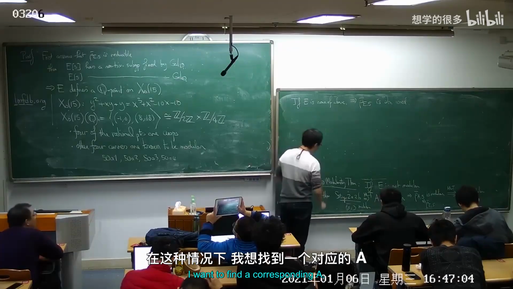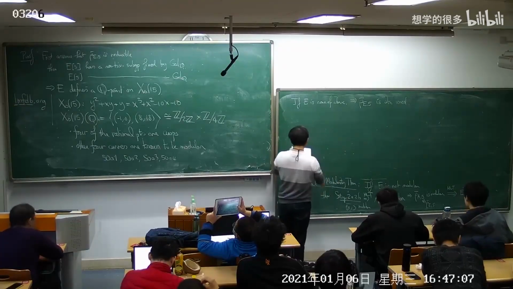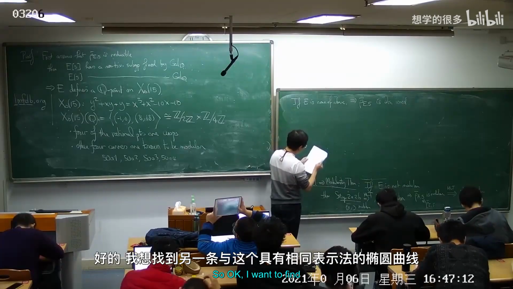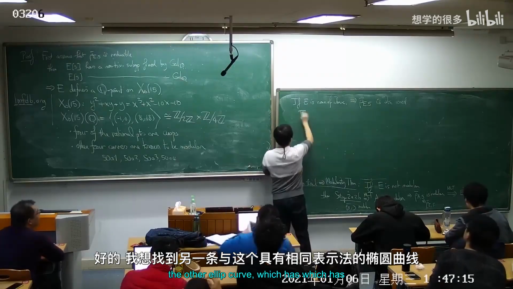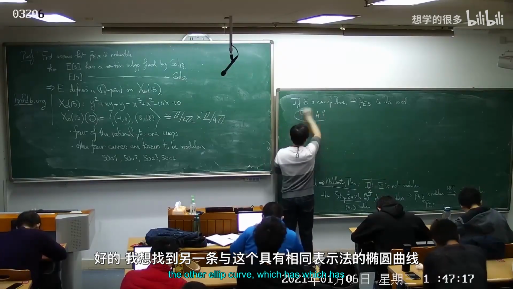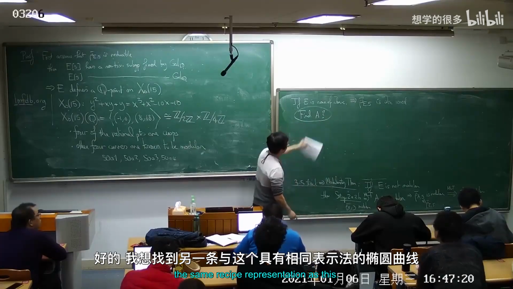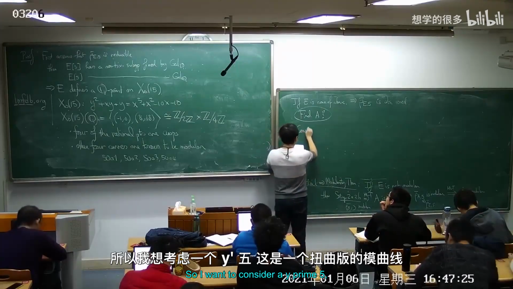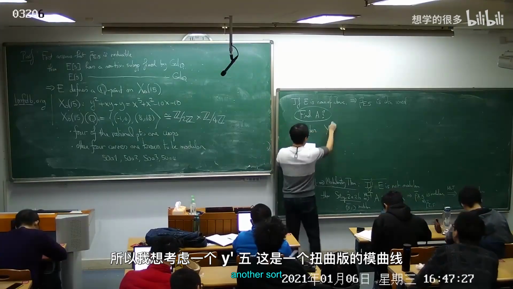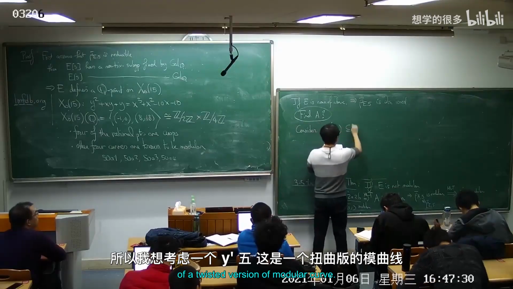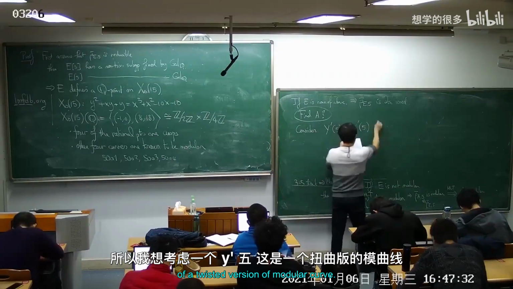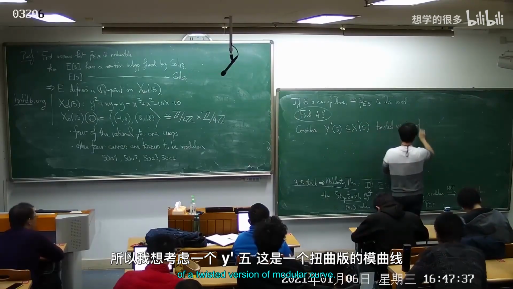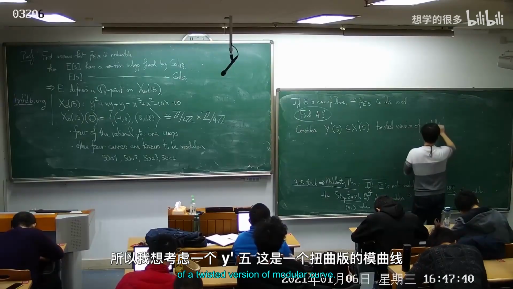In this case, I want to find the corresponding A. So what am I doing? I want to find the other elliptic curve, A, which has the same residual representation as this. So I want to consider X'_Γ(5), another sort of twisted version of the modular curve.